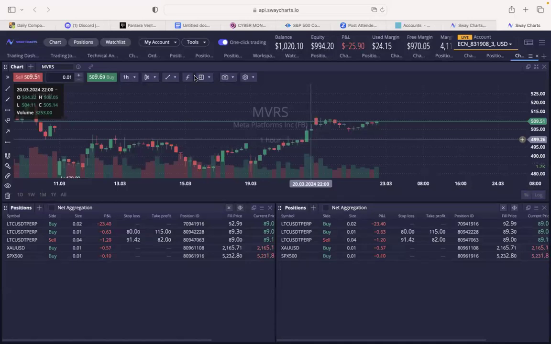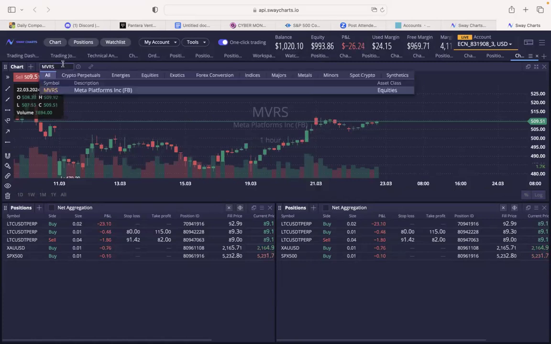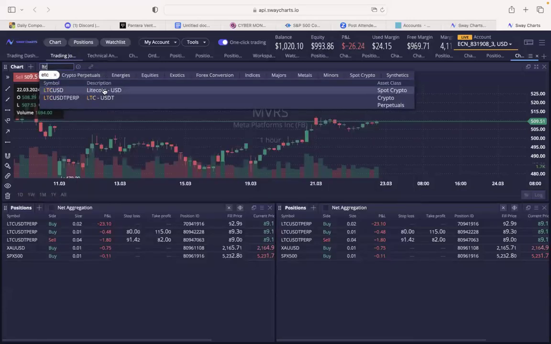So I guess here's where I'm confused. Let's go back to the SPX example, right? Or actually, let's use Litecoin as an example. So you bought 0.01 lot size. How much did you actually spend on getting that lot? Hold on, there's a thing here that will show you, because it's different for every asset.